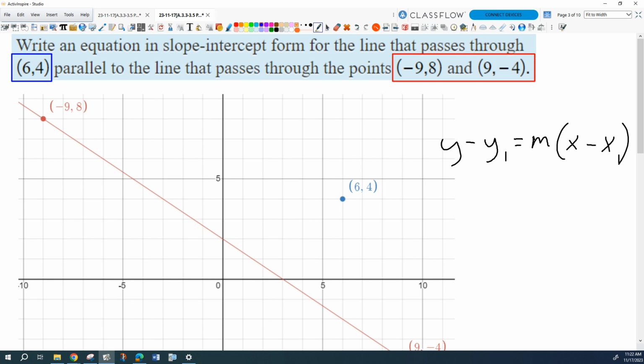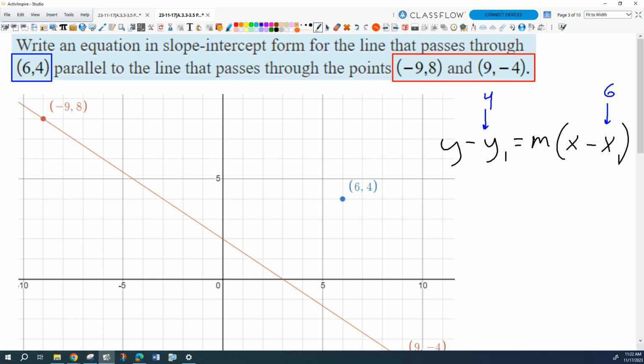These red points I can't plug into point slope because those aren't points on my line. The ingredients for point slope, I have to have a point on my line and the slope of my line. So the red points won't work, but the blue one will. So I could plug 6 in for x1 and 4 in for y1.